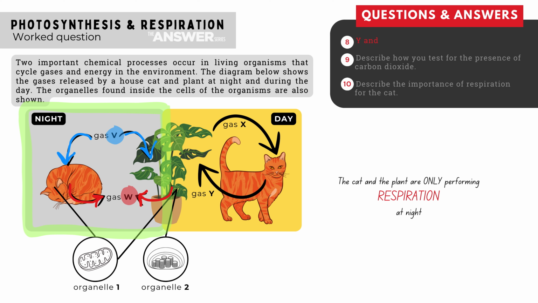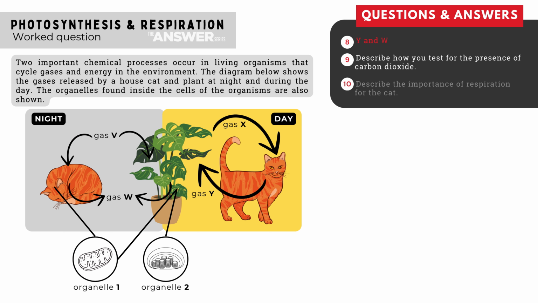No photosynthesis is involved here. So in that case, respiration produces carbon dioxide. So the gas that is being released by both of them will be carbon dioxide. So the answer to our question finally is gas W and gas Y.